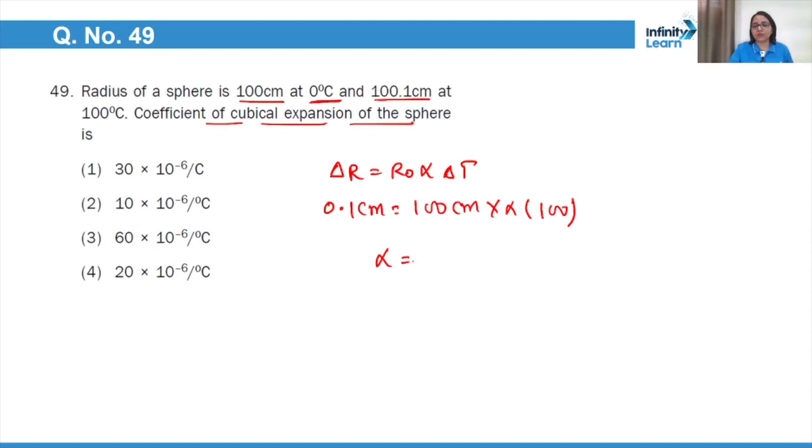So alpha will be, centimeter cancels, 10 power minus 5 degrees Celsius inverse. But we need to find gamma, which is equal to 3 alpha. So this is 3 into 10 power minus 5 degrees Celsius inverse, or 30 into 10 power minus 6 degrees Celsius inverse, which is option 1.